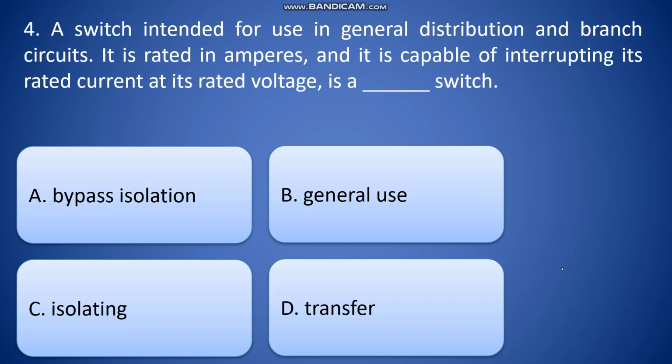A switch intended for use in general distribution and a branch circuit. It is rated in amperes and it is capable of interrupting its rated current, and its rated voltage is a bypass isolation, isolating transfer. I guess it, ano ba?